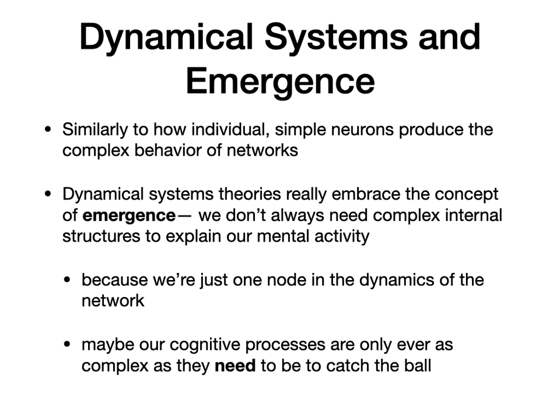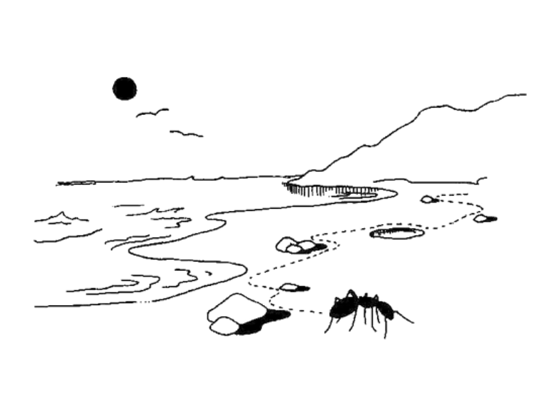So similar to how we've seen individual simple neurons can produce these complex behaviors in networks, dynamical systems theories really embrace the concept of emergence by saying we don't always need complex internal structures to explain our mental activity, because we're just one node in the dynamics of the greater network, right? Maybe our cognitive processes are only ever as complex as they need to be to catch the ball. Maybe we're just ants on the beach.